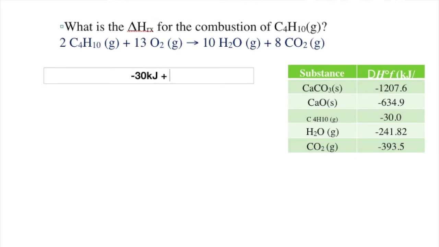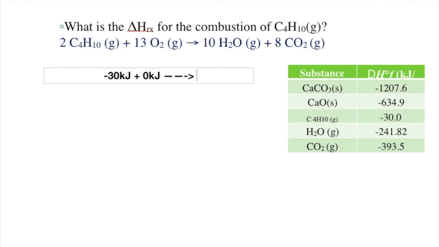The heat of formation for oxygen is 0, because it's a pure element, so it's not going to be formed with anything. When it's an element by itself, it's just there, so it doesn't need a heat of formation because it's not forming. So heat of formation for oxygen in this case is going to be 0, nada.